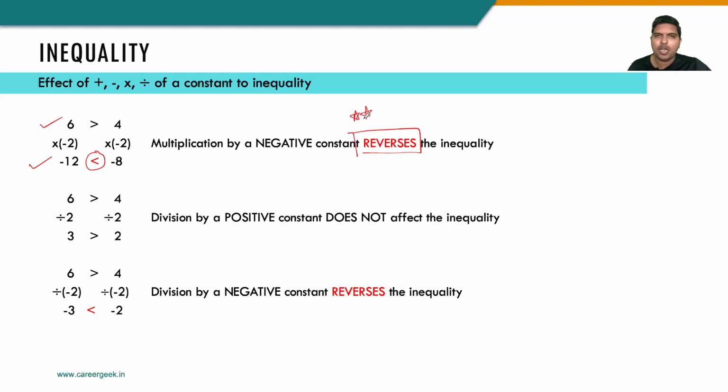Whenever you are multiplying both sides by a negative value, you reverse the inequality. You do it manually, it does not reverse on its own. You have to reverse the sign. Same for division. If we divide by a positive constant, 6 upon 2 is 3 and 4 upon 2 is 2, this does not affect the inequality. But if you divide by a negative, negative 3 and negative 2, negative 3 is less than negative 2.